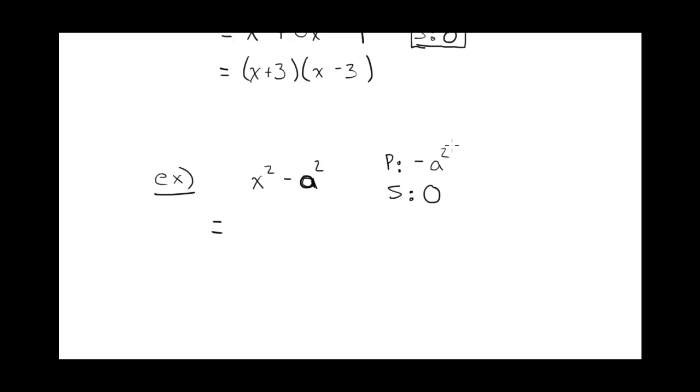Well, what multiplies to negative a squared but adds to 0? Well, remember, if it adds to 0, it has to be the same number but opposite sign. And if it multiplies to a squared, well, a times a multiplies to a squared, but it's negative, so negative a and a. So you're always going to get x minus a and x plus a. So it's always going to factor like this.